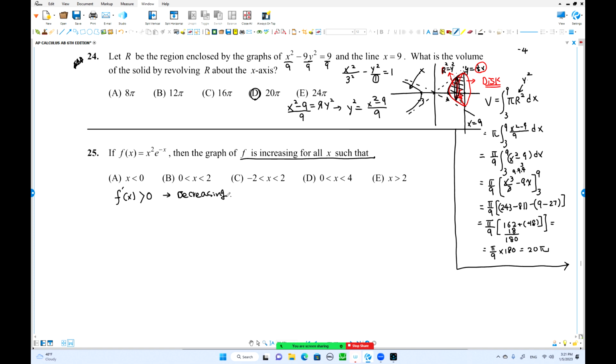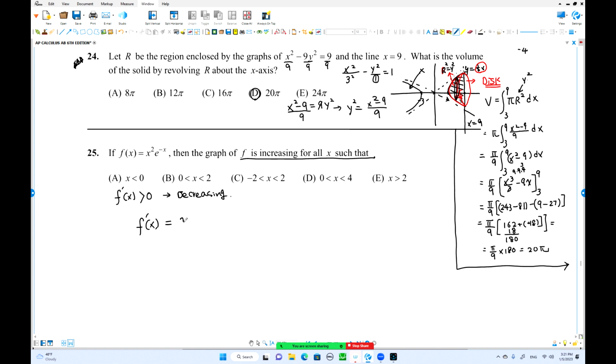Anyway, this is a continuous function, we know that, there's no discontinuity. Now let's find the first derivative, f prime x. Check it out: x squared times e to the negative x.